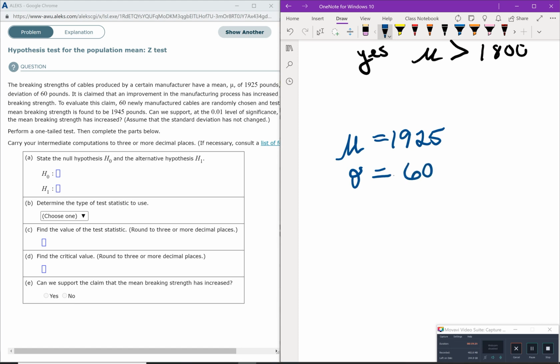It is claimed that an improvement in the manufacturing process has increased the cable's strength. So in other words, they're saying that mu is greater than 1,925. We're also looking at a sample size n of 60.